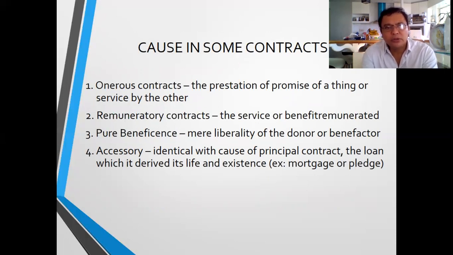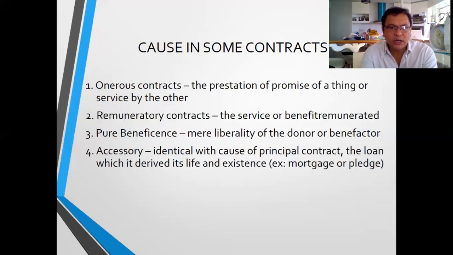Number three, in contracts of pure beneficence, meaning donation, what is the cause there? Why does a person give? Because he is liberal as a donor or benefactor, meaning because he's generous, he loves the person. That is mere liberality. That is the main cause.